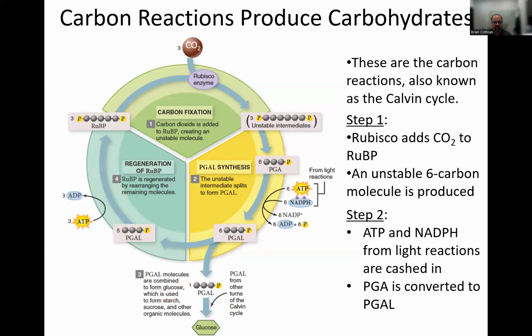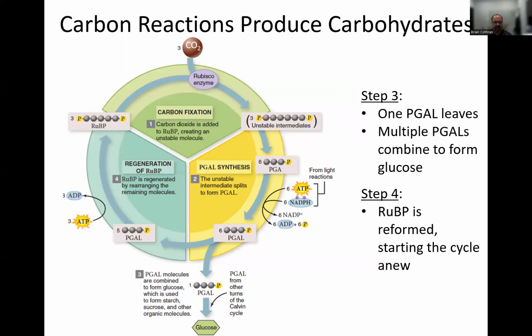And that's good because that molecule in step 2 down here is actually going to split apart into 6 of these carbon phosphate chains known as PGA. And that is going to be synthesized into what we call PGAL. And this is the payoff here. You see the ATP and NADPH formulating this PGAL here.